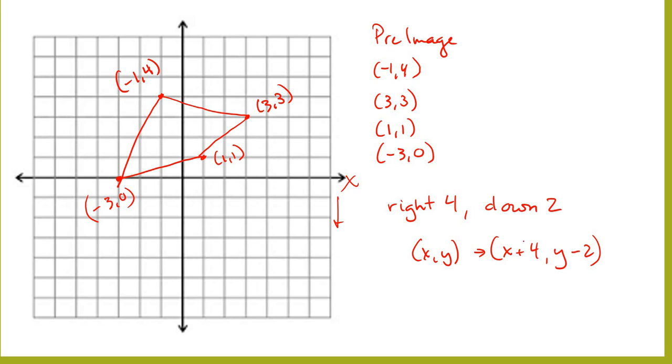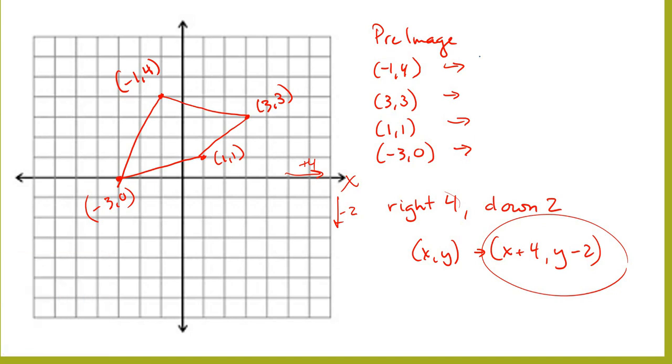So I'm going to take my x, I'm going to add 4, that will move it to the right 4. And I'm going to take my y value and go down 2, moving it down, taking away 2. So without drawing the picture, try to do your translations, your shifts, using this algebraic model. Then we'll come back together.